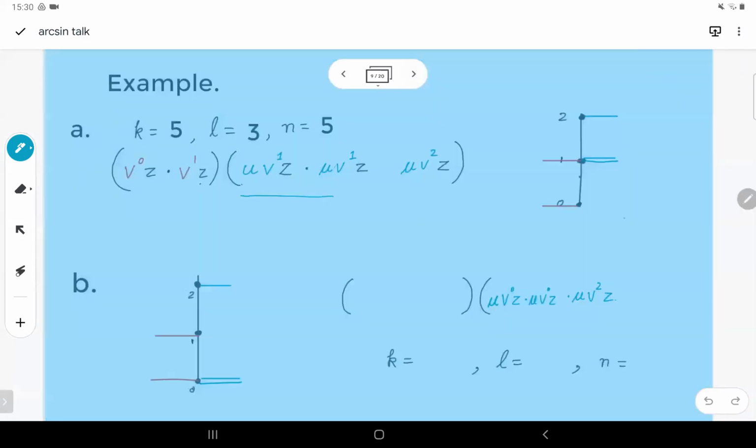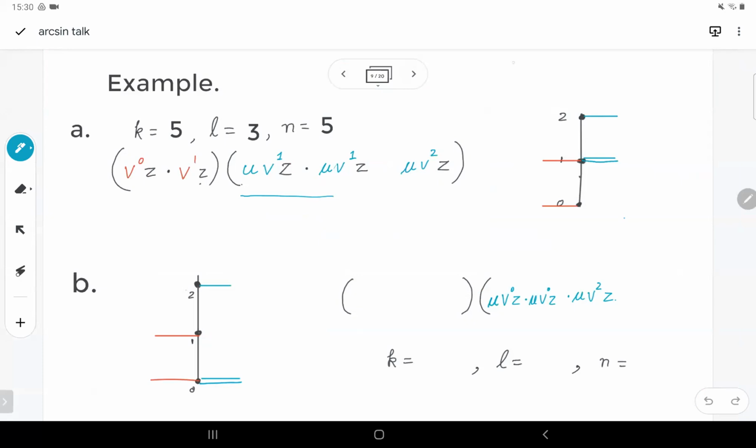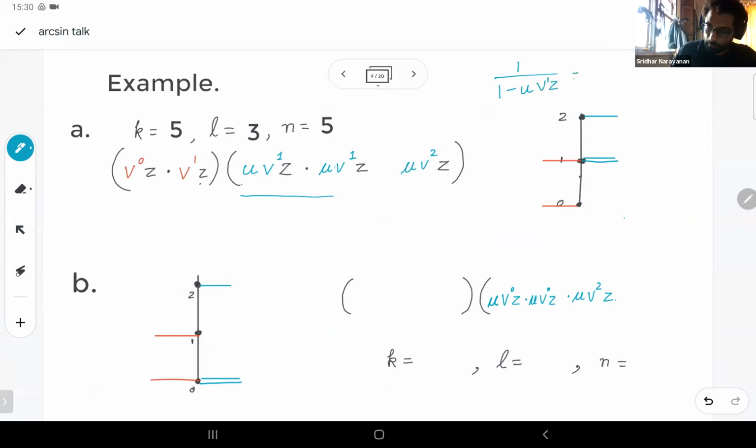So if I had 1 upon 1 minus u v1 z, then this will expand as 1 plus u v z plus u v z squared plus etc. So this corresponds to basically taking the u v z squared here.